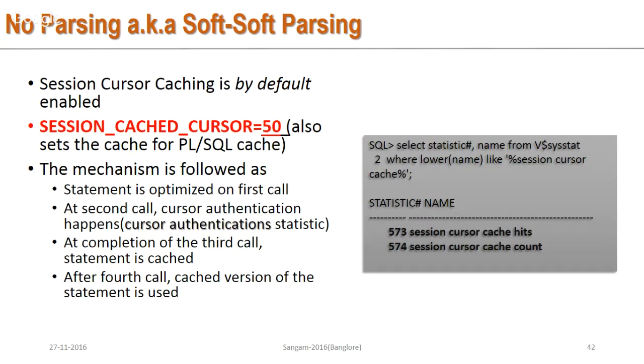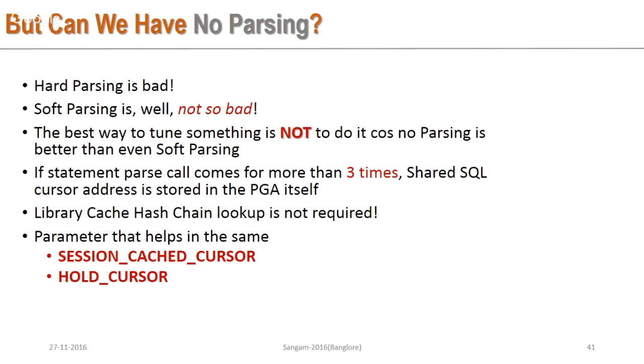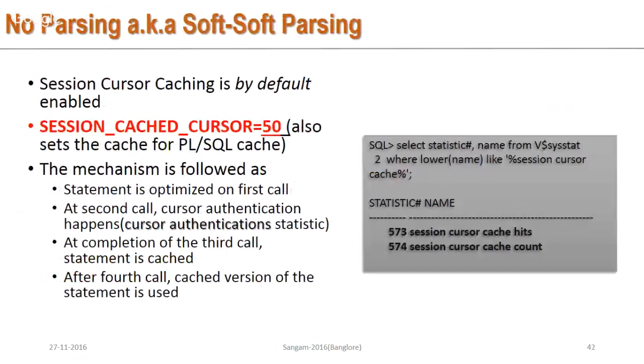So at the third and after the third execution of the same cursor, the hits statistic is going to start increasing, which basically means, if we check from here, that there is no lookup of the library cache hash chains required, because Oracle can simply go ahead and pick up the cursor from the address which is stored in the PGA for the same query. And that is basically what we mean by the hot cursor.